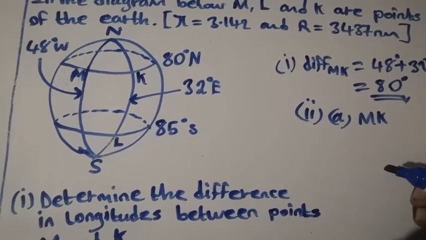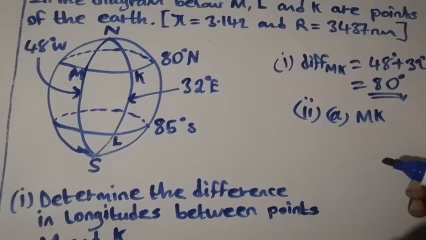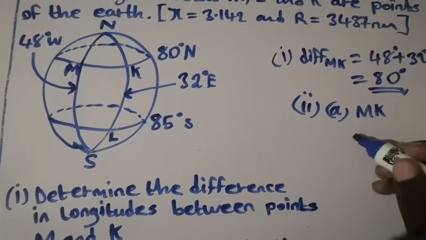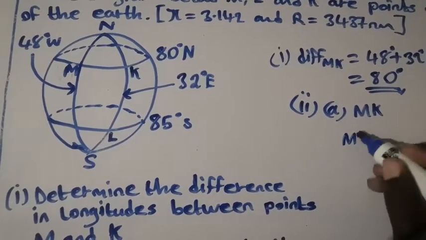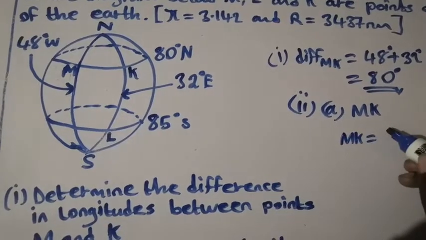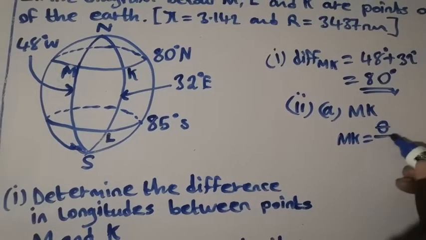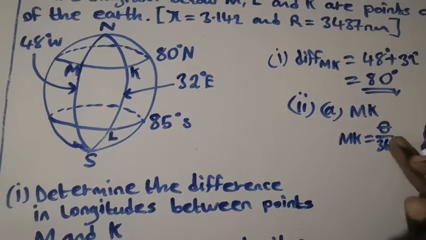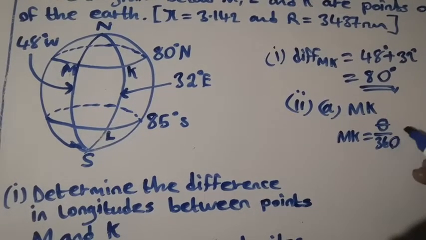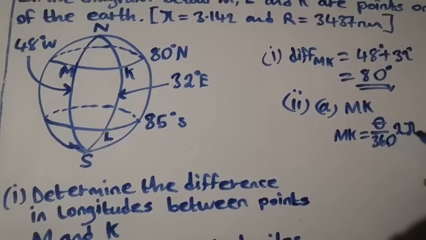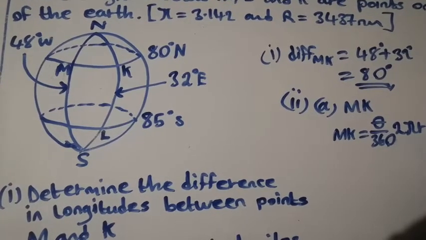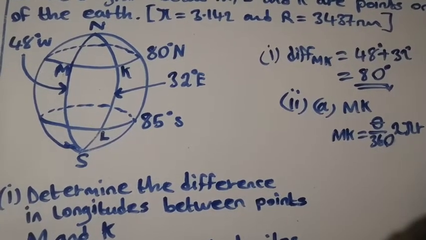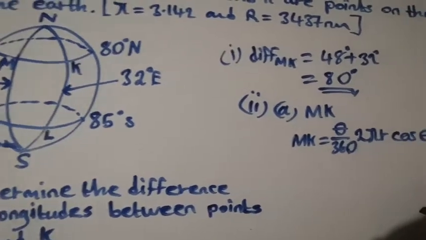Now for the small circle, distance is calculated by MK equal to theta over 360 times 2 pi r cos theta.